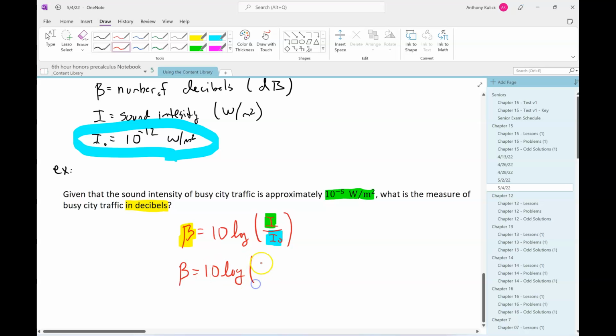So we'll just plug these in. So 10 to the negative 5th divided by 10 to the negative 12th is 10 to the 7th. Log of 10 to the 7th is 7. 10 times 7 is 70. Or you could type that into your calculator.